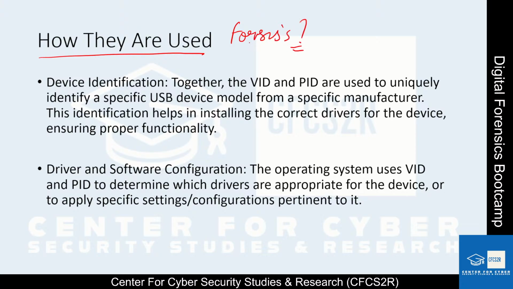The important part is how you are going to use these things in forensics. Together the VID and PID are used to uniquely identify a specific USB device model from a specific manufacturer. This identification helps in installing the correct drivers for the device, ensuring proper functionality.